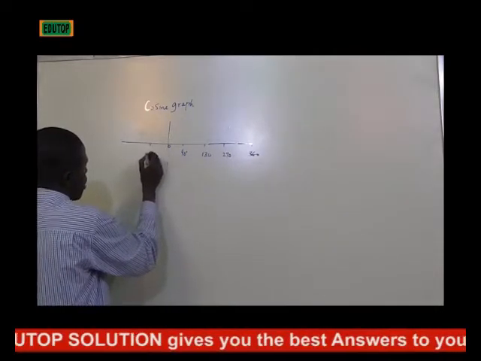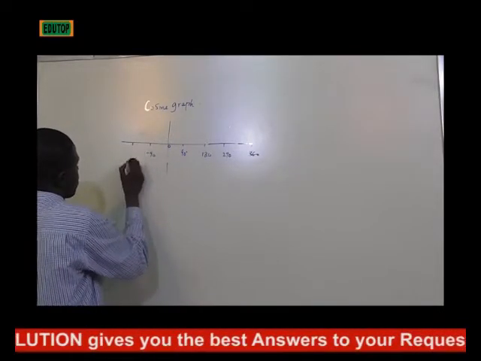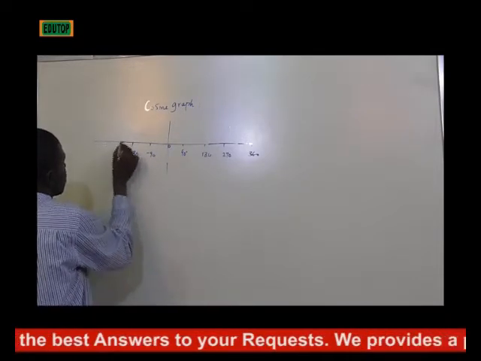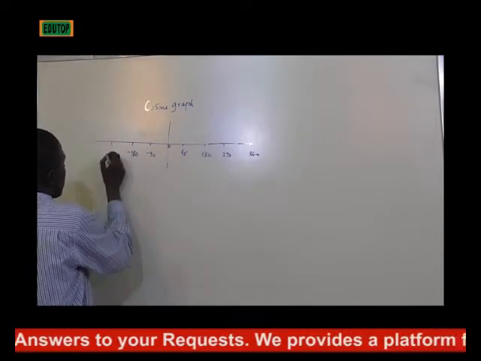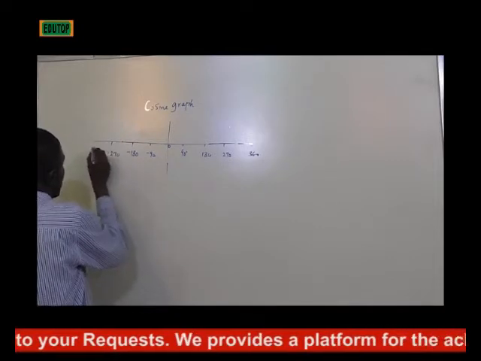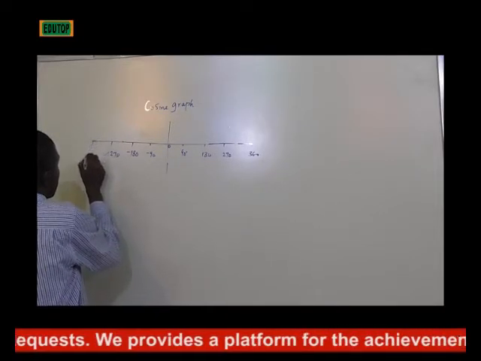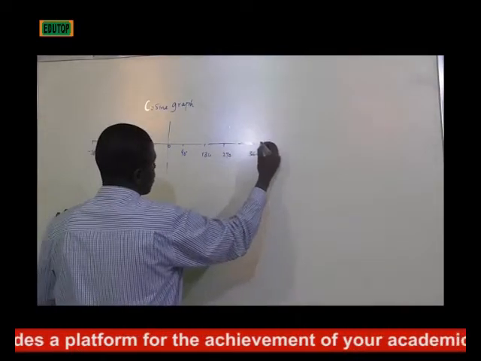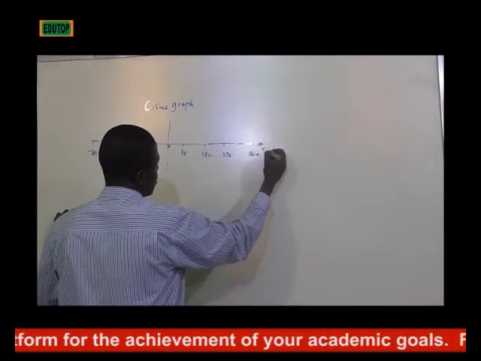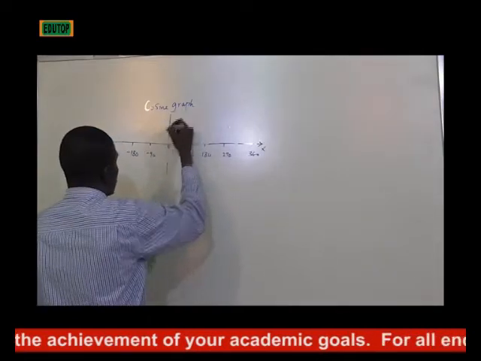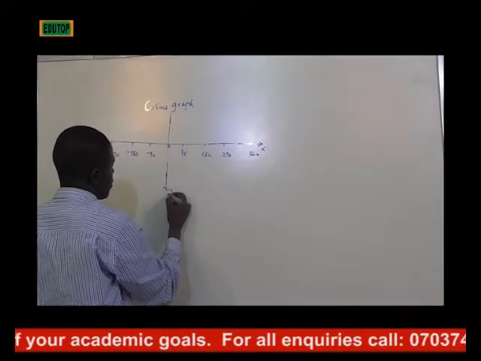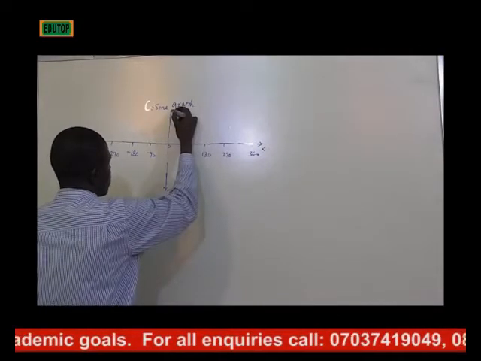Going on the negative side, you have a minus 90, you have your minus 180 degrees, you have your minus 270 degrees, and you have your minus 360 degrees. This is your x-axis, and this is definitely your y-axis. This is negative y, and this is positive y.